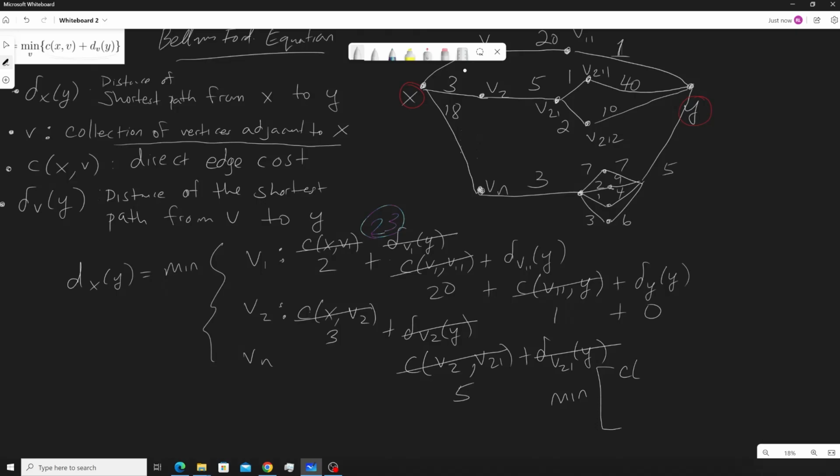And the other one is v21 to v212, plus the recursive v211 y and v212 y. Now this edge cost is 1. This one over here is 2. So typically we'll choose the smaller one, but we can see that this is the wrong path because there's this big 40 over here.